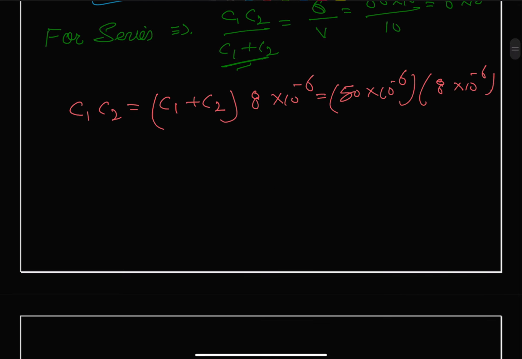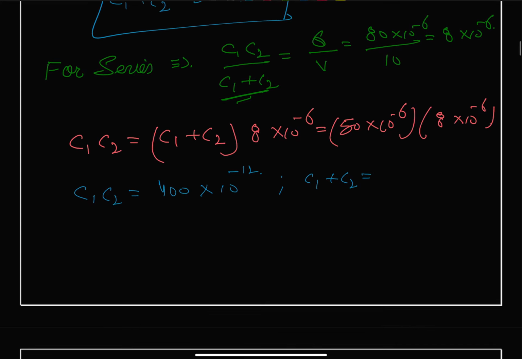And we get that our C1 times C2 will be equal to 400 into 10 to the power minus 12, and C1 plus C2 is 50 into 10 to the power minus 6.